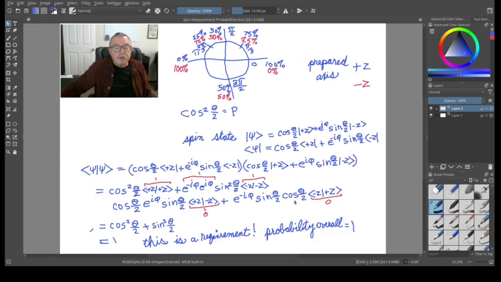So that pretty much wipes out this entire line right here. And all we're left with is cosine squared theta over 2 plus sine squared theta over 2, which, if you go back to your trig identities, that equals 1. So we met the requirement that the probability is overall 1, and we also looked at a best representation of the state vector.